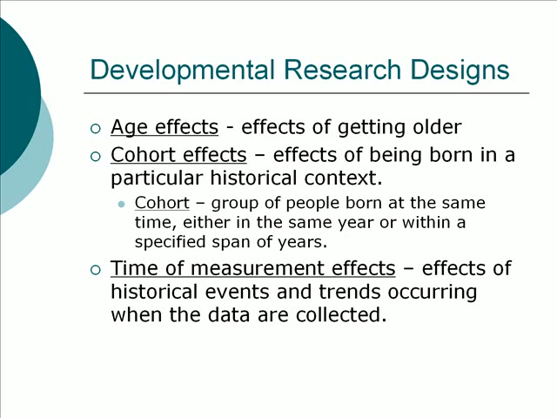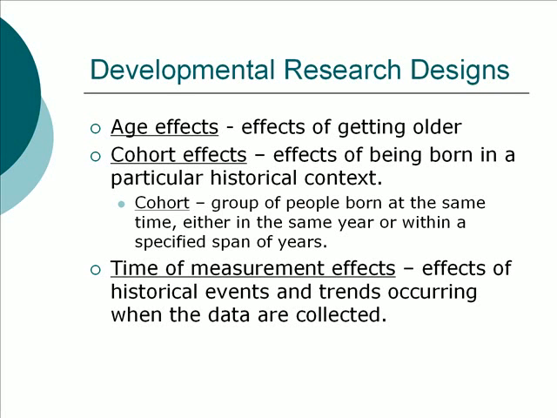And then there's the time of measurement effects. These are the effects of historical events and trends occurring when the data is collected. So, for example, if in the middle of the study there's a huge economic downturn and people lose jobs, and then eventually it recovers several years later, that's going to have a real influence on the experiences of the people growing up during that time. Or let's say there was some world war.